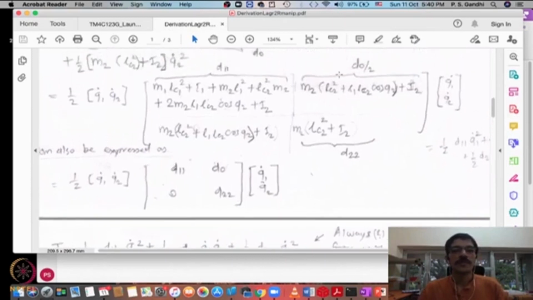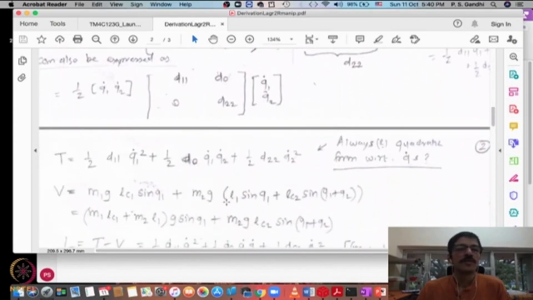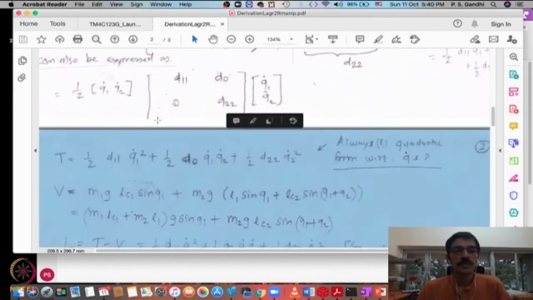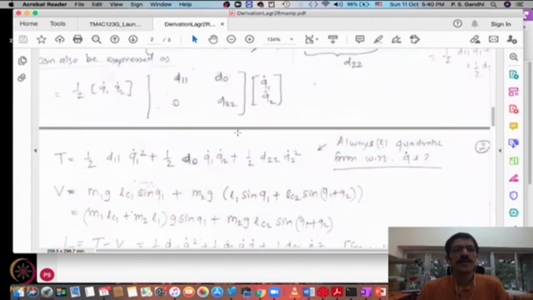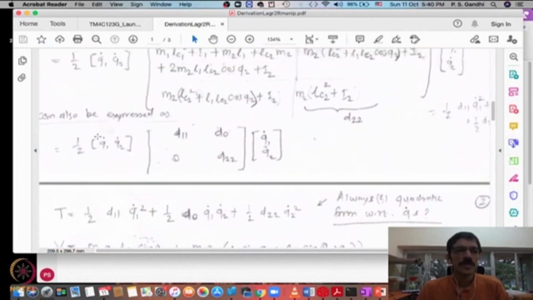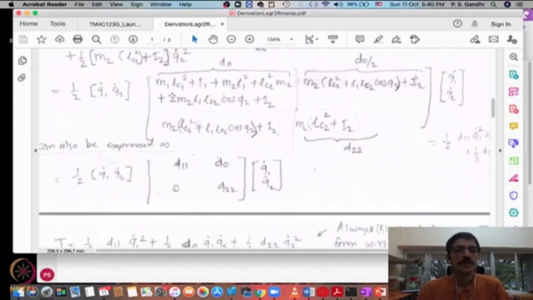So this becomes D0 by 2 actually. These terms in this form of the expression directly appear in the Lagrange-formulated equations of motion. That is the important thing to notice here, and one can understand very easily why they would come once you have the energy expressed in this particular kind of form.